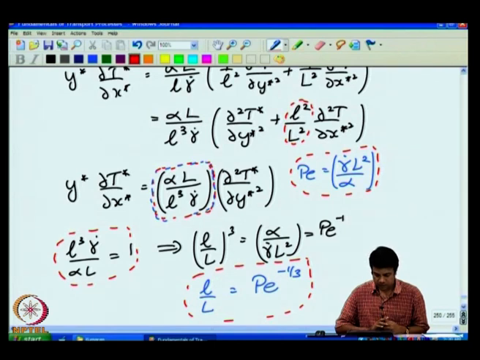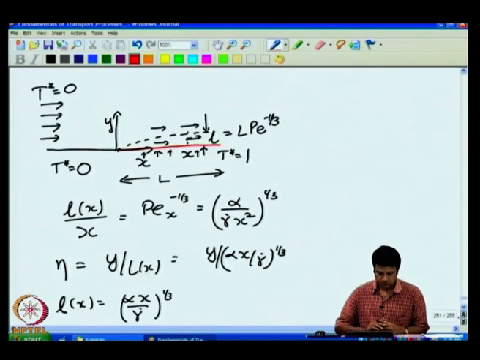So, as Peclet number becomes larger and larger, this boundary layer length scale small l becomes smaller and smaller, and it decreases as Pe power minus 1/3 as the length scale becomes large. So, that gave us a scaling for the boundary layer thickness. For a plate of length capital L, the microscopic length, the boundary layer thickness has to go as Pe power minus 1/3 times capital L.